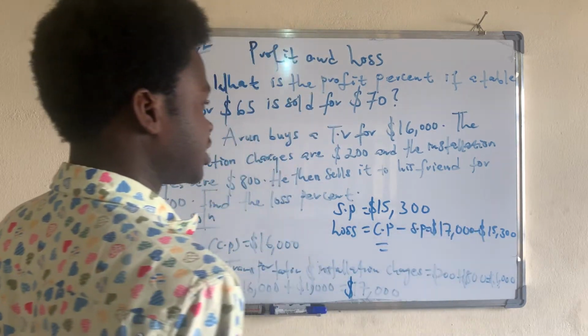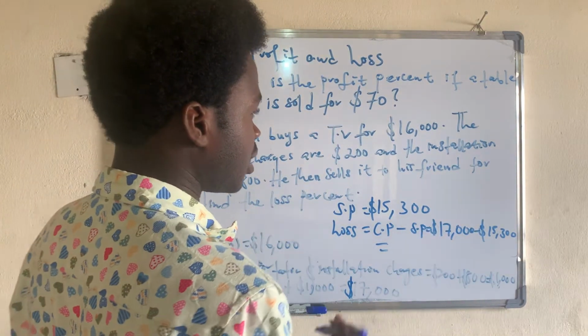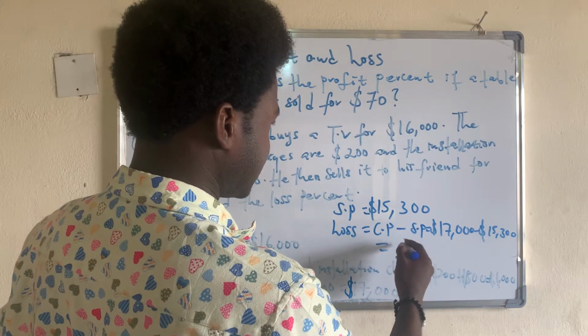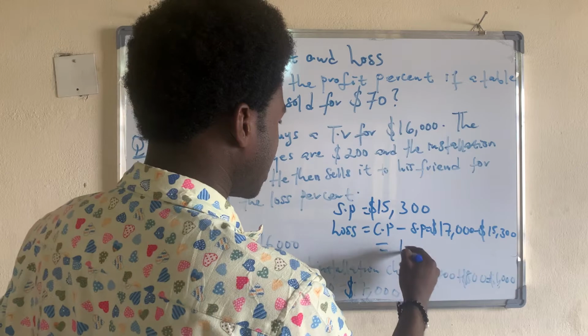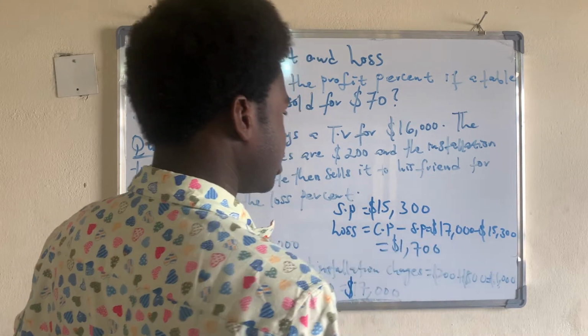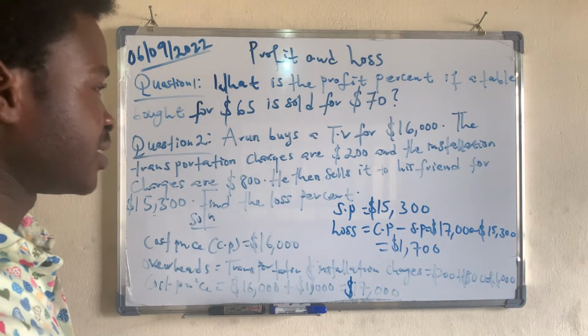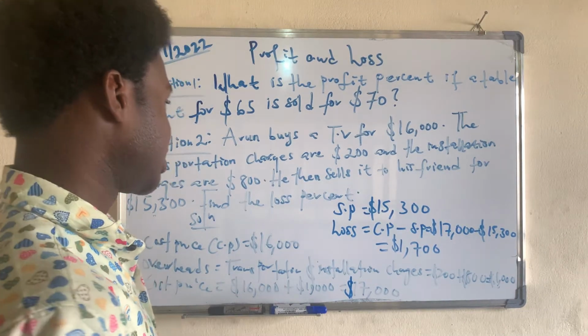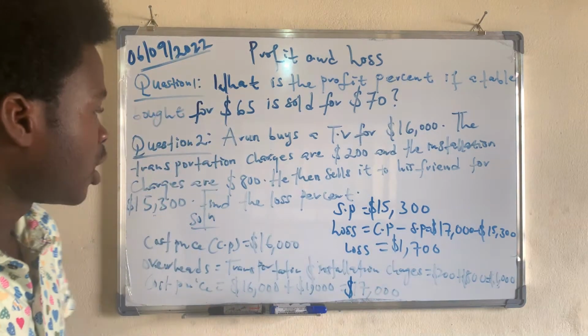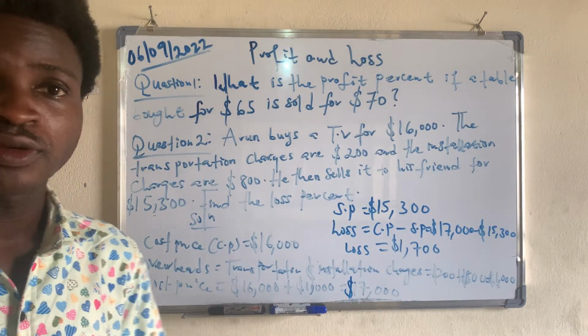And that simply gives us $1,700. Yes, so our loss is $1,700. Now we have to find the loss percent.